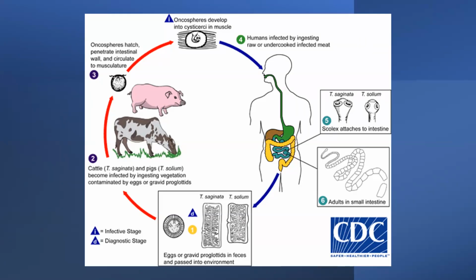So if you ingest a steak or a pork chop or something like that, and it has the developing tapeworm in it, then you can actually develop a tapeworm infection yourself.